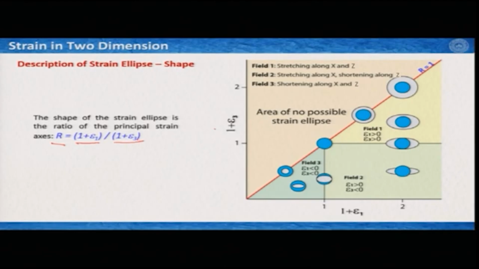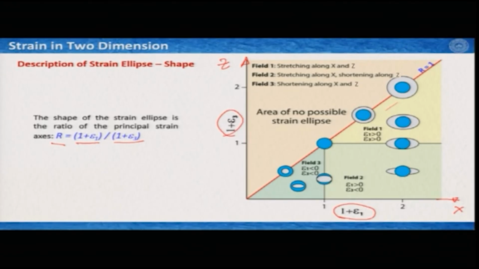And if we plot them, here 1 plus E1 along the x direction and here 1 plus E3, the short axis, along the z direction, then we certainly get this 45-degree line, which is R equal to 1. That means along this line no ellipse would be produced because your long axis and short axis have similar value.